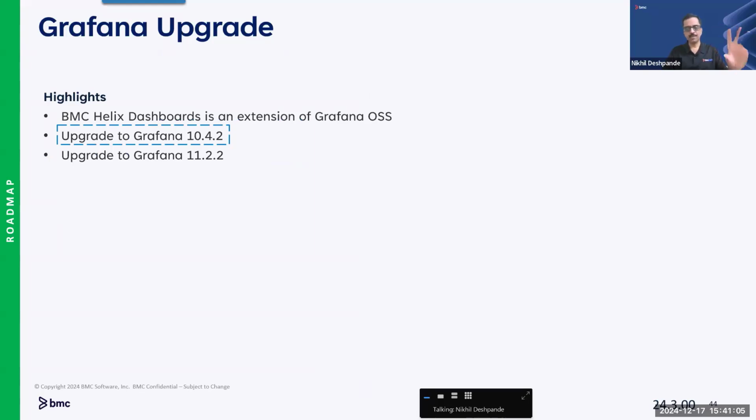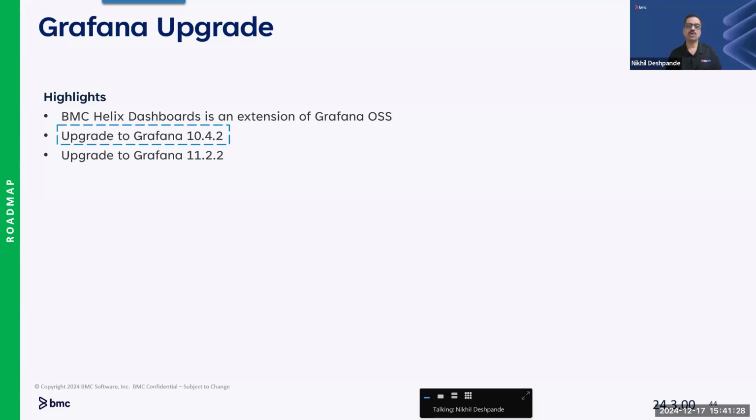So the major item I've already talked about, using the power of generative AI in the process of building dashboards and analyzing data. Now let's come to some other things. Grafana open source is what we use for dashboards. Helix Dashboards is an extension of Grafana.